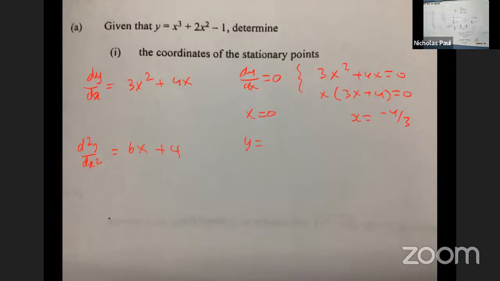When x is 0, y is minus 1. When x is minus 4 over 3, what is y?